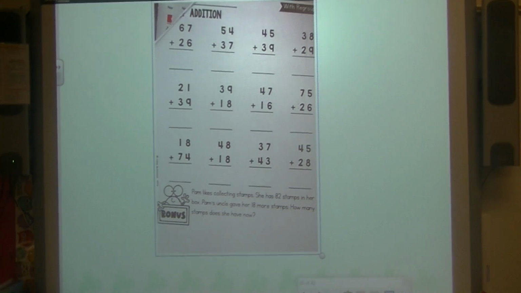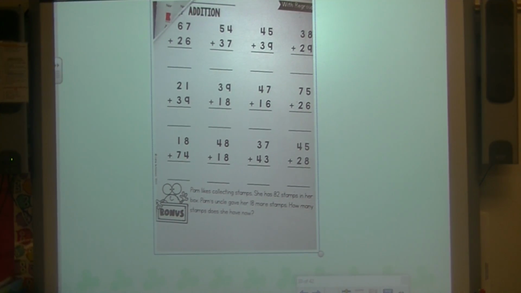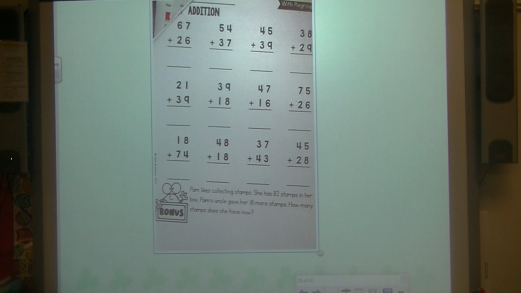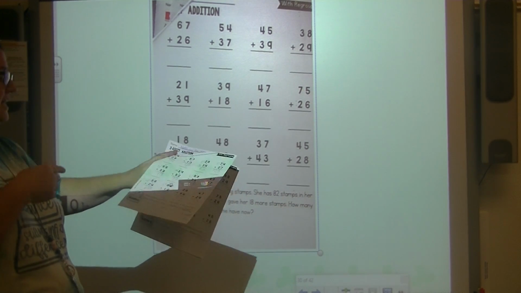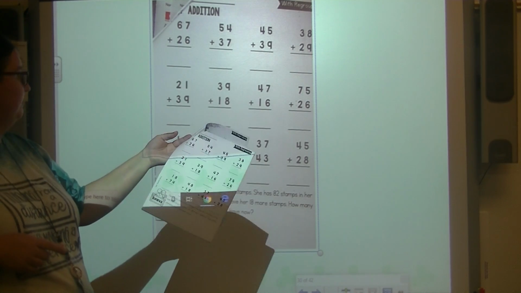So you're going to need your packet of addition, 2-digit addition with regrouping. I will attach a picture of the page. It's the 3rd page in there.